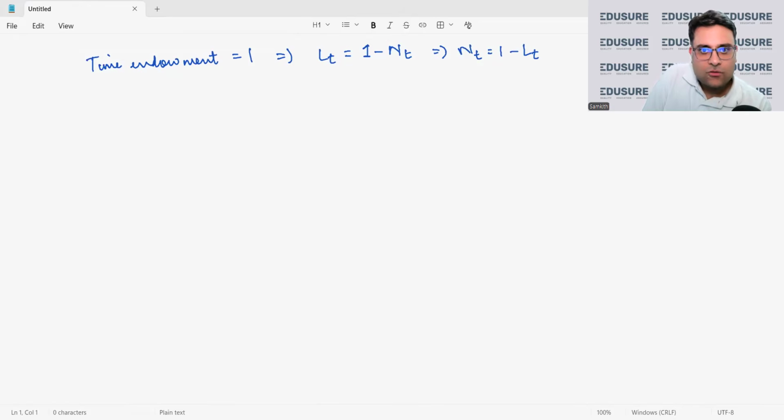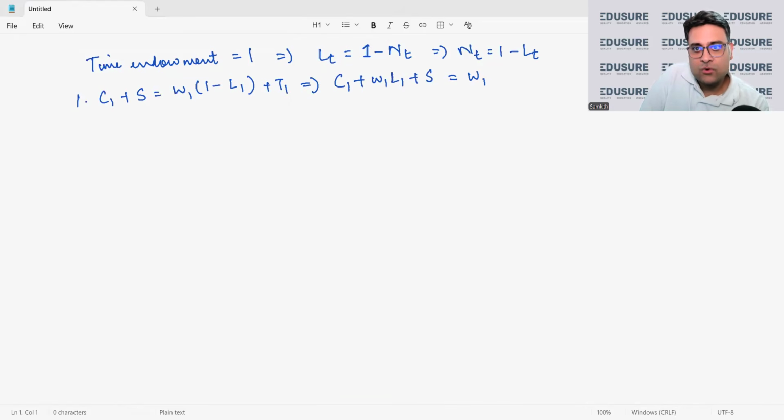Now let's look at the budget constraint, how it changes. C1 plus S is equal to W1 N1 plus T1, and I will write N1 as 1 minus L1, which basically means C1 plus W1 L1 plus S is equal to W1 plus T1. So what is happening?